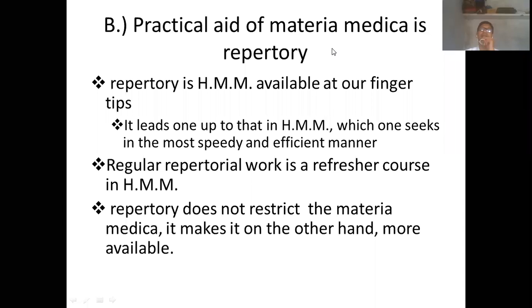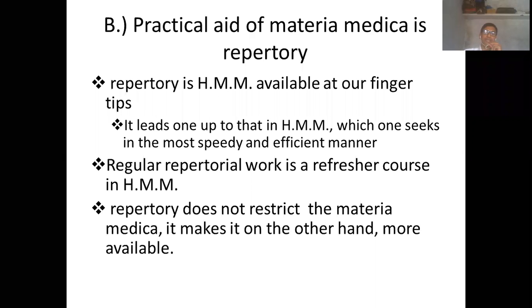So this will again and again refresh in your mind, and slowly you will develop your own materia medica, you will be able to memorize most of the materia medica, and you will also be able to refresh what is there in your mind.